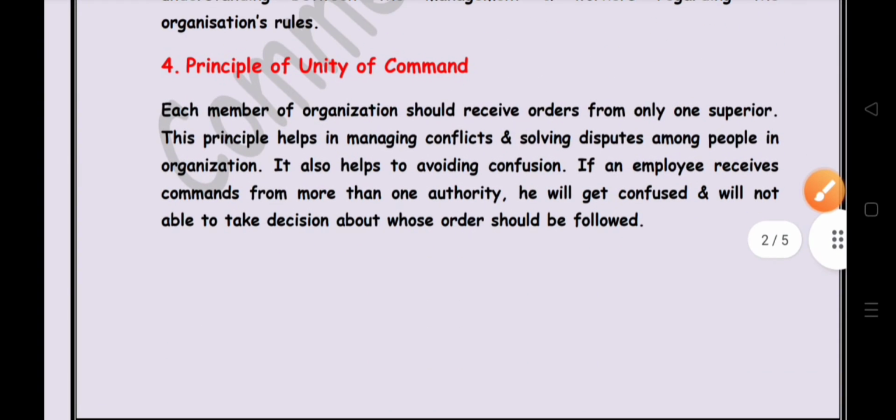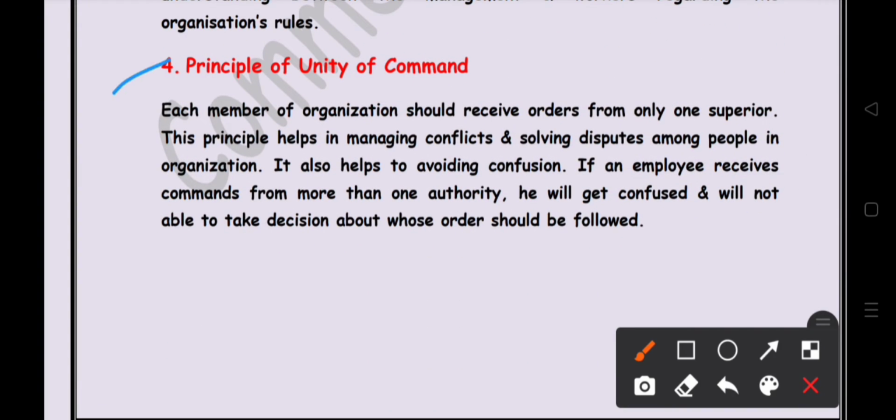Then next, the principle of unity of command. Each member of the organization should receive orders from only one superior.